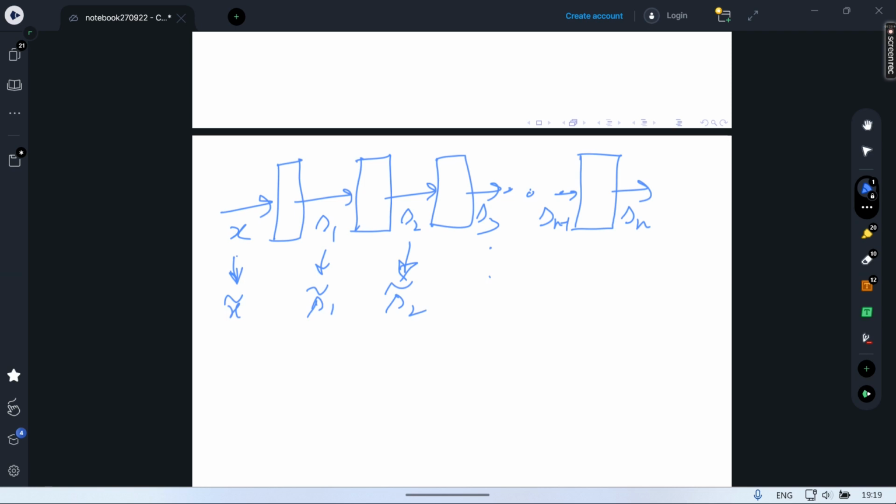So you might want to standardize or normalize each of the intermediate states of the neural network.